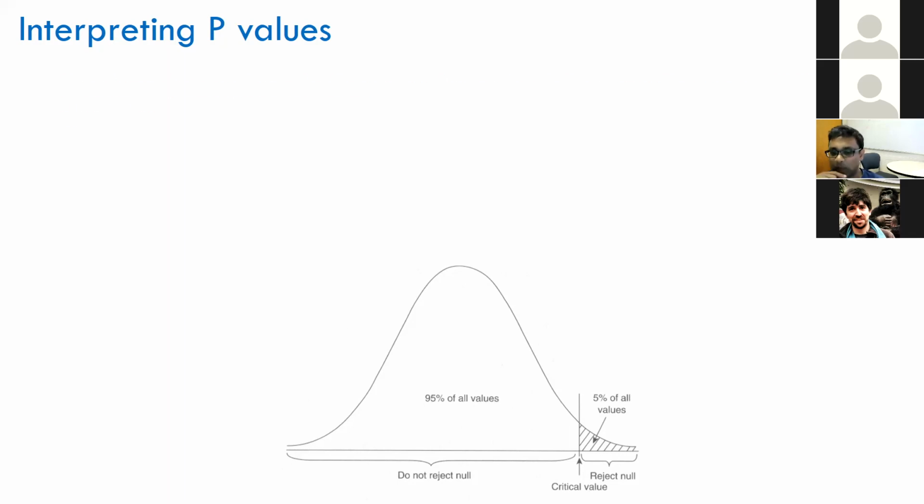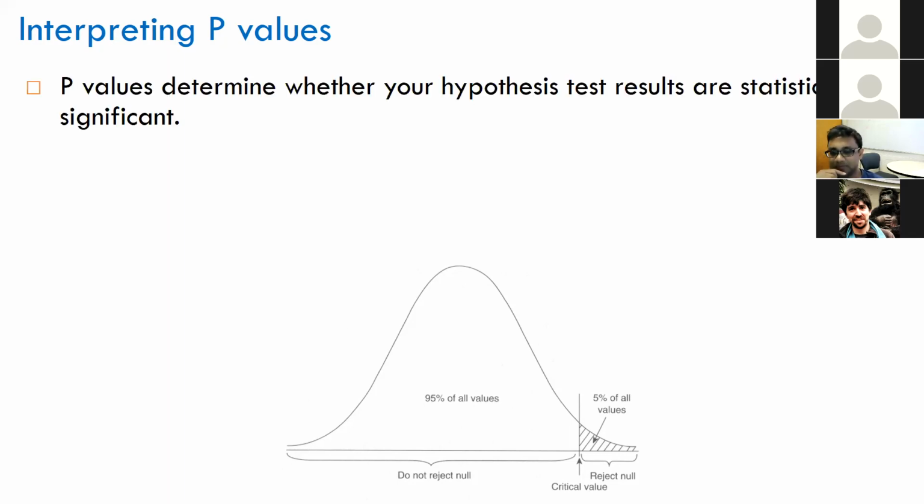So if you have a symmetric data set, and then you have a cutoff of 5%, that 5% is called alpha. We also call it the type 1 error. I will get back to the type 1 error later.